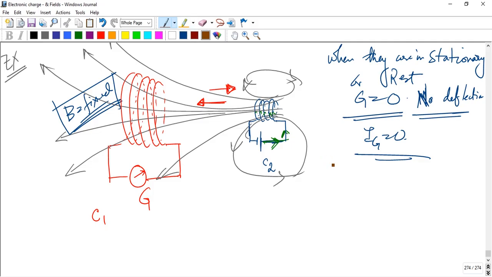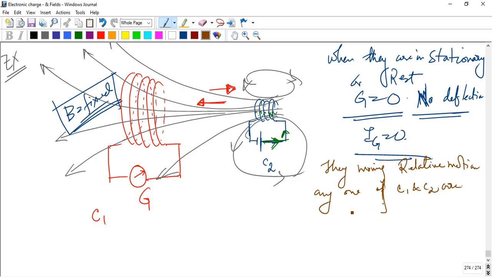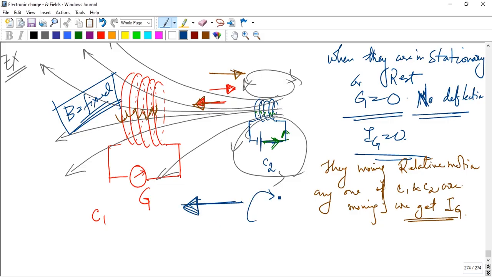When any one of coils C1 and C2 is moving, the galvanometer is deflected. Suppose moving towards the coil gives one current direction, say clockwise, and moving away from the coil gives the opposite direction, say anti-clockwise. Keep that in mind.